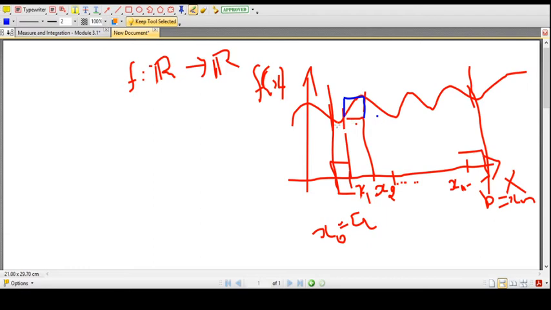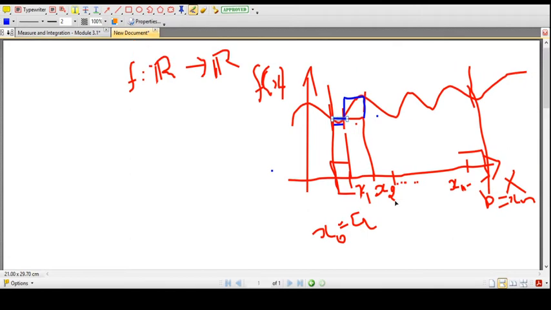Here the lower value is here, and the upper value is here.